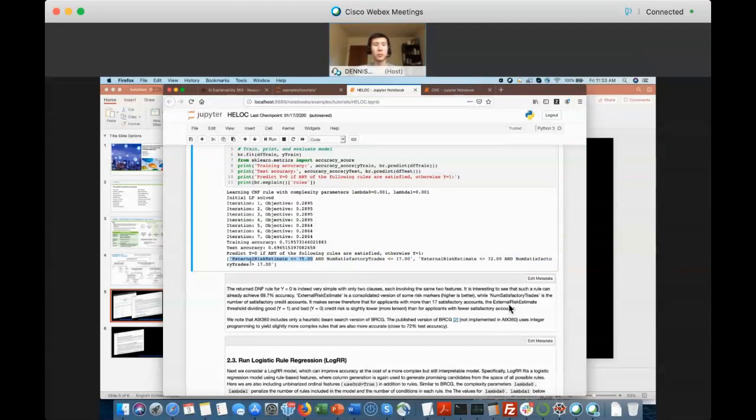So, aside from interpreting this, we see that BRCG gives us a really simple rule set, and as we'll see later, this accuracy is not the best, but it is already pretty good. It gets us most of the way there, and we didn't have to invoke any complicated logic to get that understanding. So I think that's what I want to say about this first algorithm.